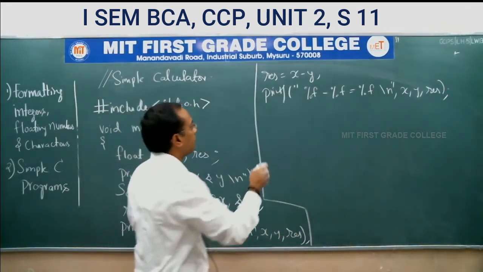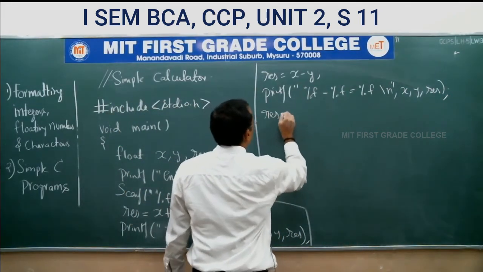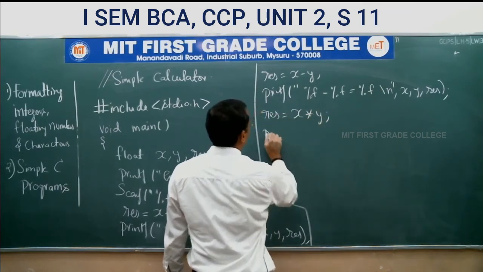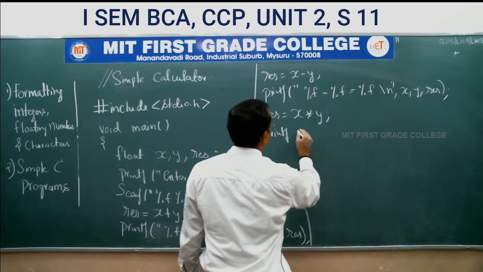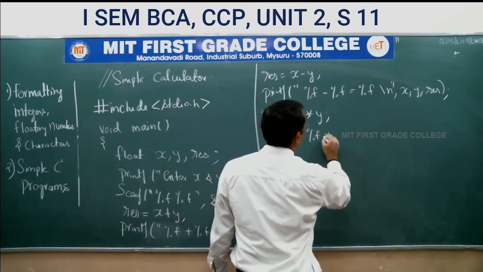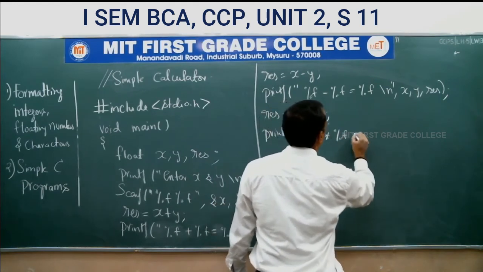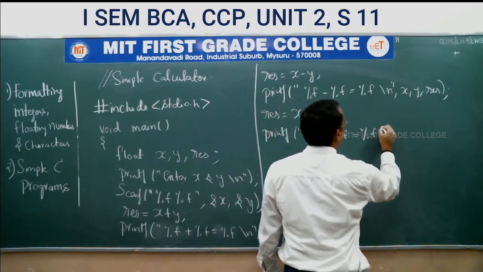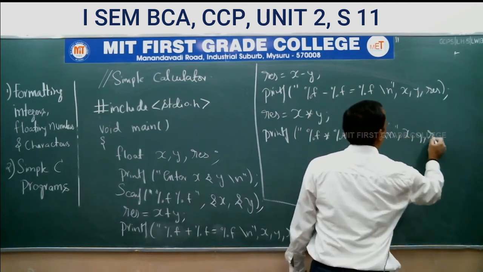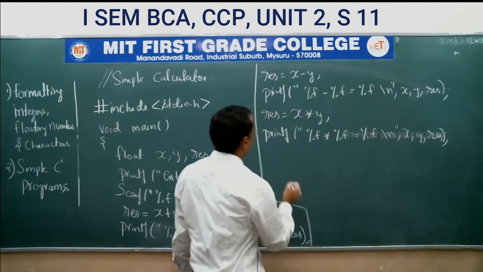Subtraction is over. Now multiplication, result is equal to x star y. Printf percentage f into percentage f is equal to percentage f slash n, same thing, x, y and result.